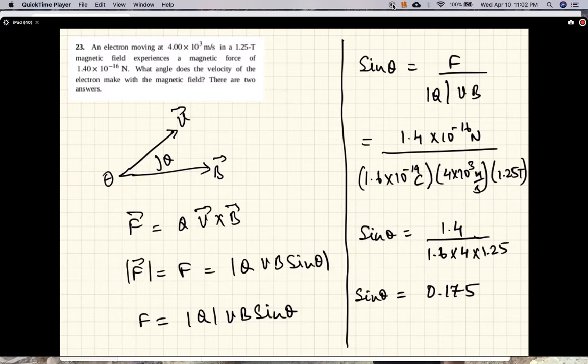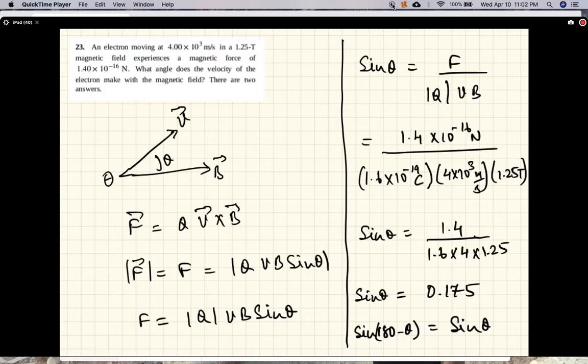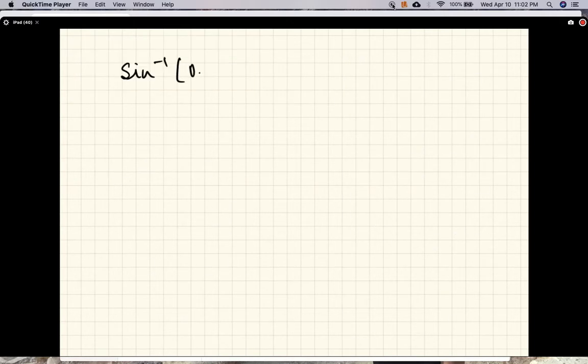Now, you know that sine theta and sine of 180 minus theta give you the same number. So the inverse sine of 0.175 has two solutions, theta and 180 minus theta.